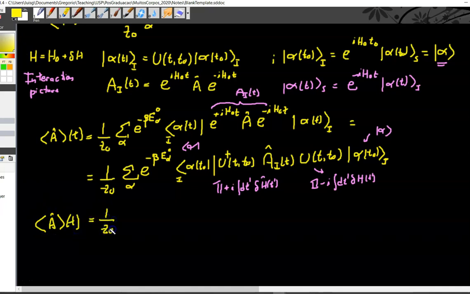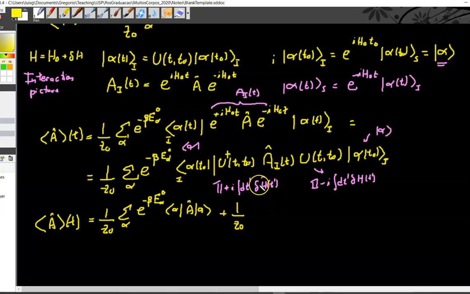1 over Z0 sum over alpha e to the minus beta E alpha, bra alpha A ket alpha, when I have 1 and 1, plus what? Plus 1 over Z0. Let's take, say, this term here and 1 here.